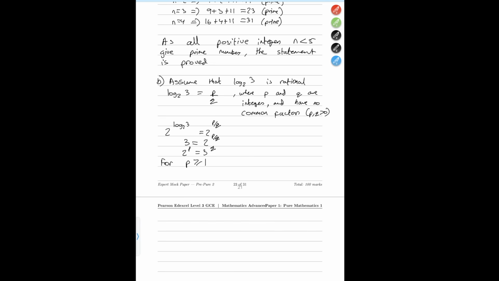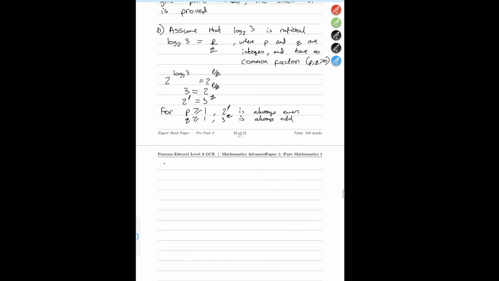Like that. So I'm going to say for p greater than or equal to 1, 2 to the p is always even. And for q greater than or equal to 1, 3 to the q is always odd. This is a contradiction, as an odd number can never equal an even number.